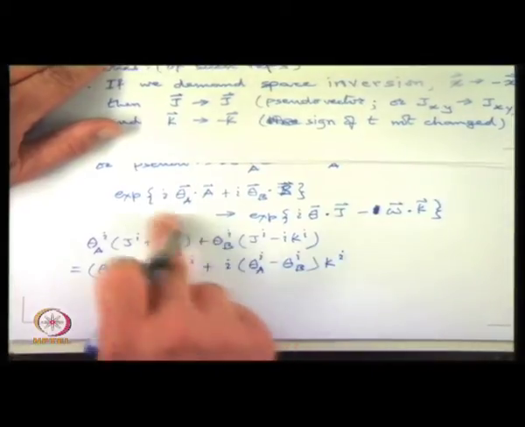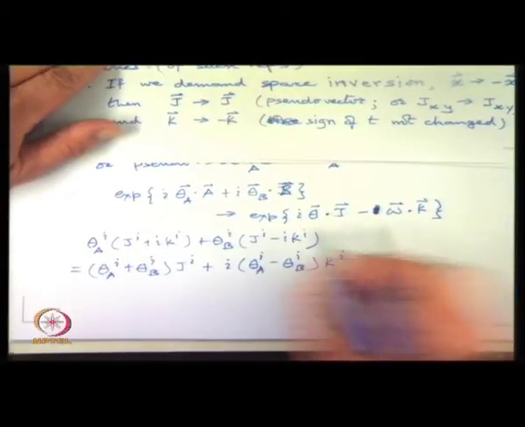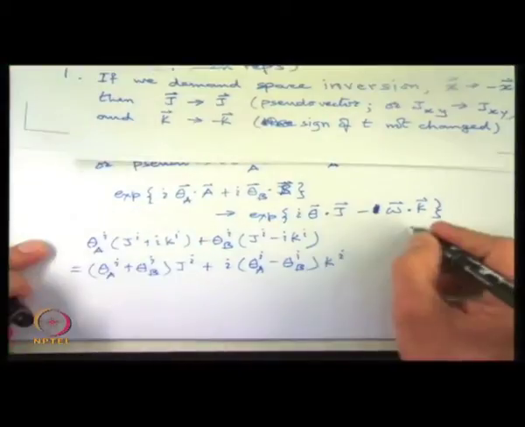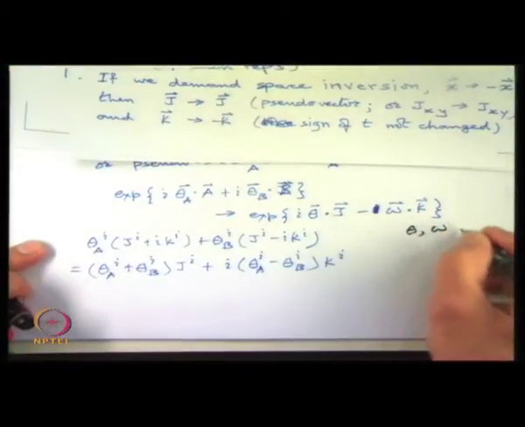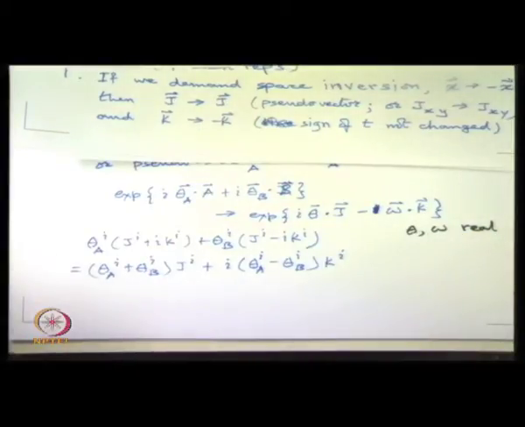So, if you had boosted with i in front, then this i will drop out and this will be a real parameter. Theta and omega are real parameters. But this is an anti-Hermitian operator. So, what we find is that this is no longer a unitary matrix actually, it is pseudo unitary, and K dagger equal to minus K.